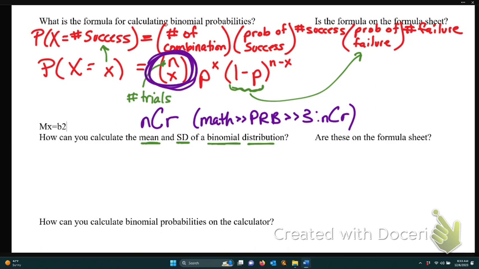A discrete random variable is a countable variable where I'm counting something and it has probabilities associated with it. Binomial random variables are discrete because I'm counting a number of successes. So a binomial random variable is always discrete, but it additionally has a set number of trials.